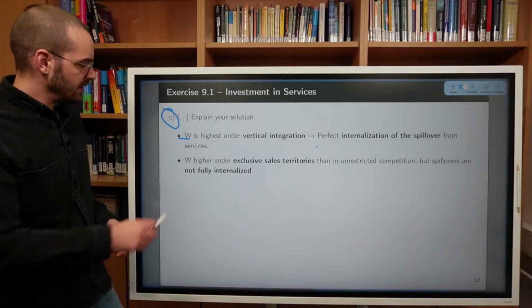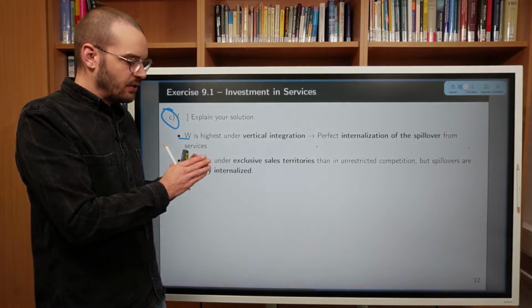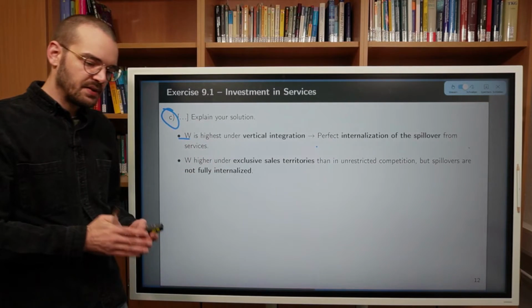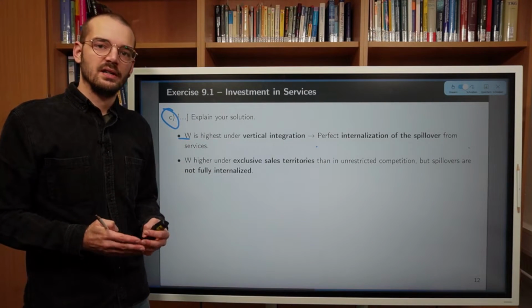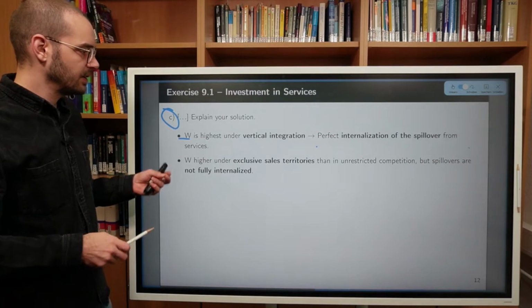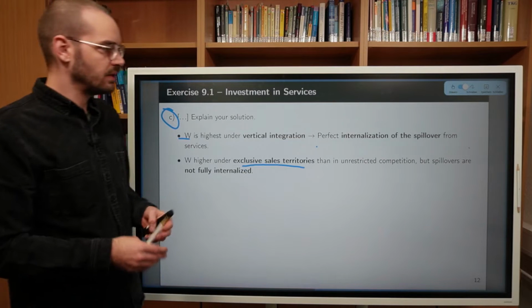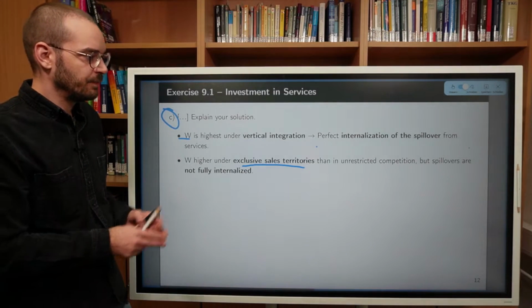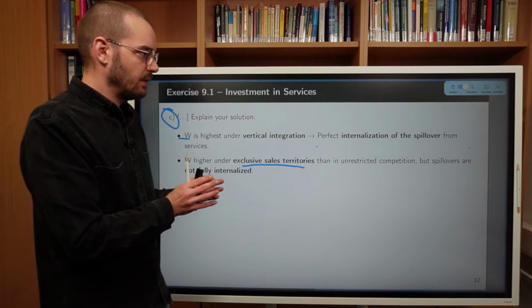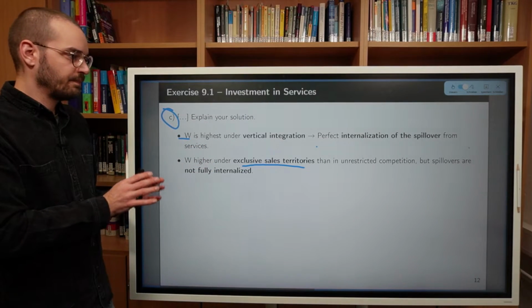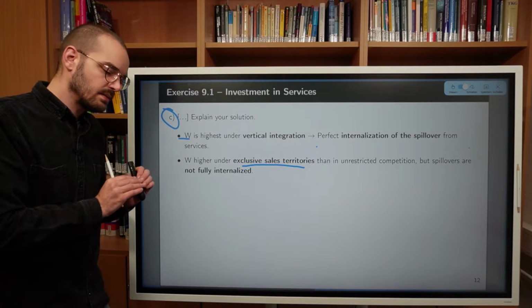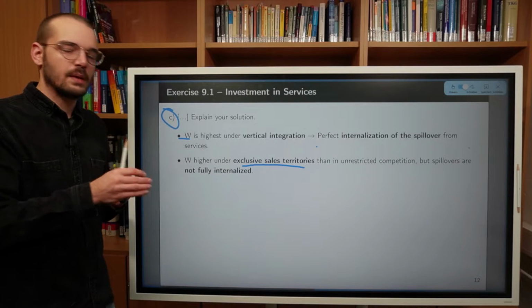What we then saw is that even if we are not perfectly integrating, but rather constructing a franchise contract, that still results in a situation where we have exclusive sales territories. We still observe that there is services provided to some extent.